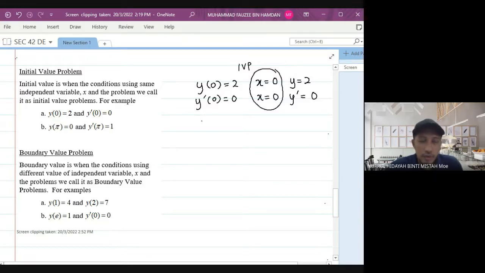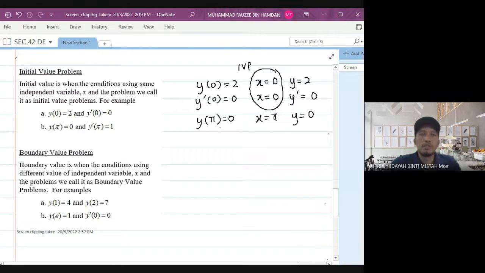So for the second one, if we have y(pi) equal to 0, that means x equal to pi, y equal to 0. If in the question we give you this condition, you must use it.